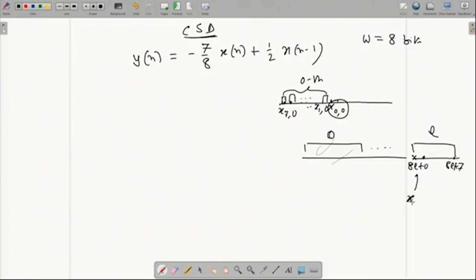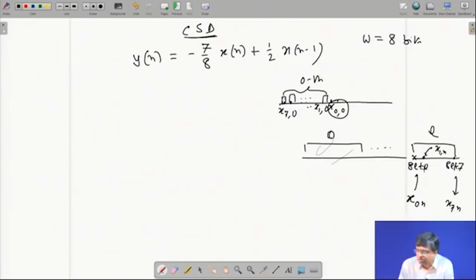LSB means, I follow this notation as I have done here: x0n, that is for the nth data xn, where n is here, 0 means LSB, and this is x7n, the MSB. So x0n, next at 8n plus 1 I have x1n, dot dot dot. So that is how the bits are coming through one line.